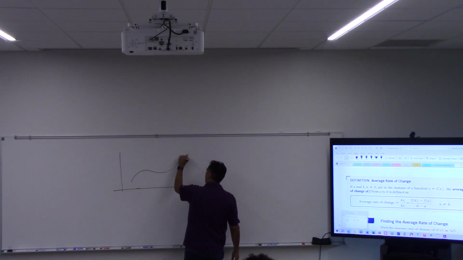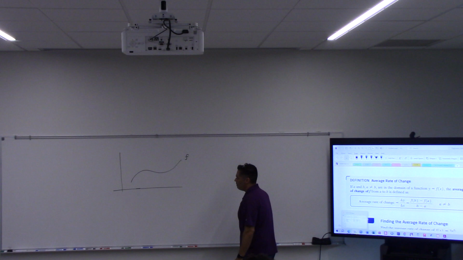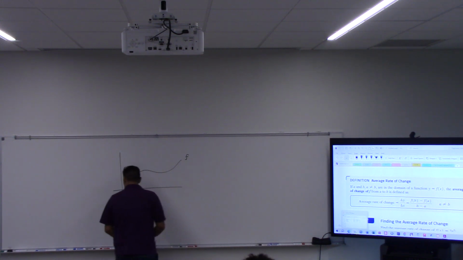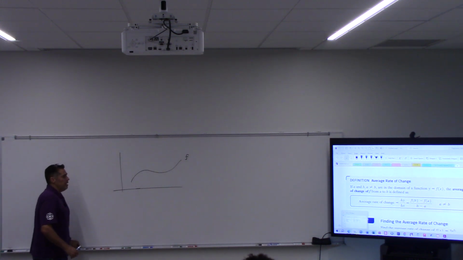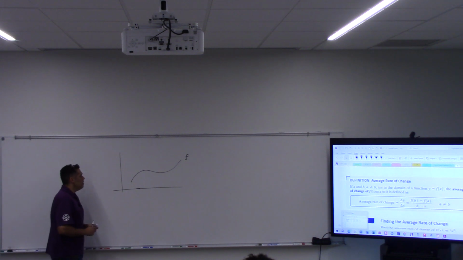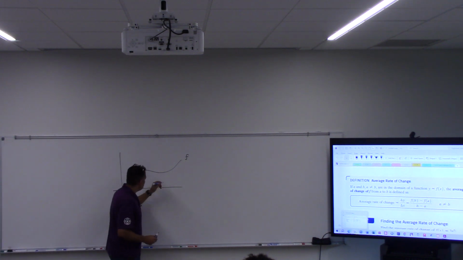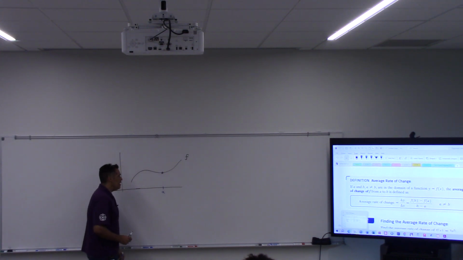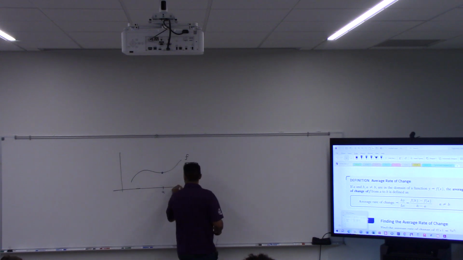Okay, I'm going to call that function f. And I want to know if I started, let's say, at this point A, which would be right here, and then I ended at some other point over here, B.